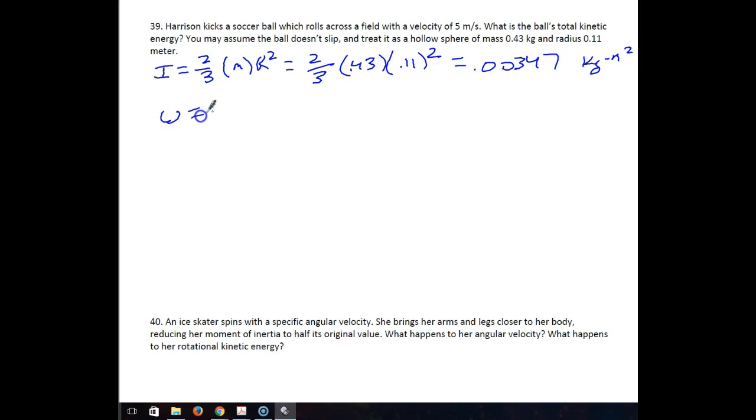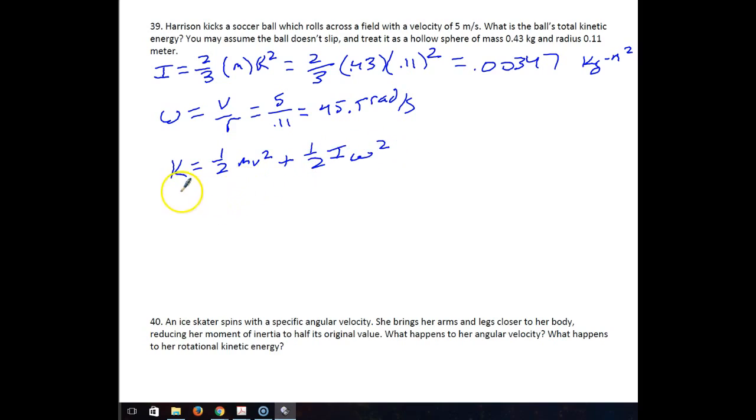Next we need to find the angular speed. It's v over r. Its linear speed is 5, the radius is 0.11, and so that ends up being 45.5 radians per second. So our total kinetic energy is 1/2 mv squared, that's the linear, plus 1/2 I omega squared, that's the rotational.